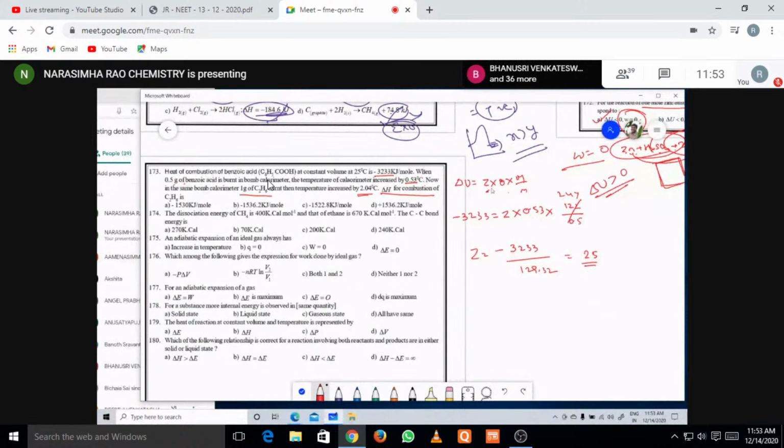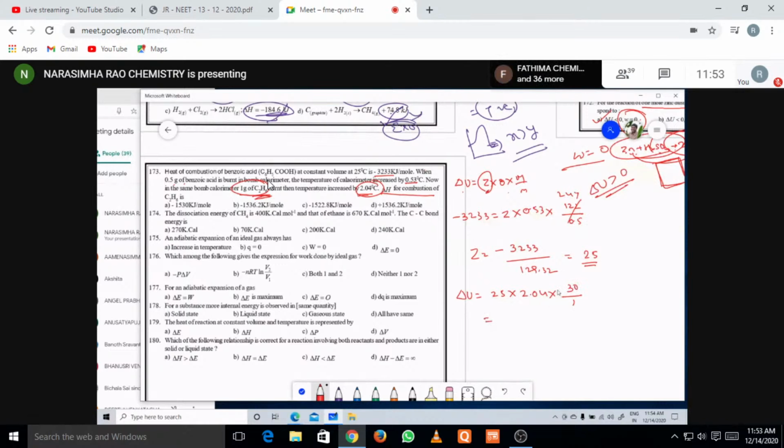I got the Z value. Now, by using this, I am determining the enthalpy of combustion. That is, delta U is equal to the Z value, I got 25, into 2.04, into mass of substance 1 gram by molecular weight 30.